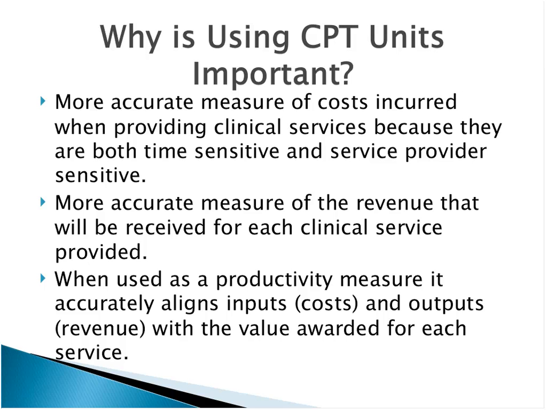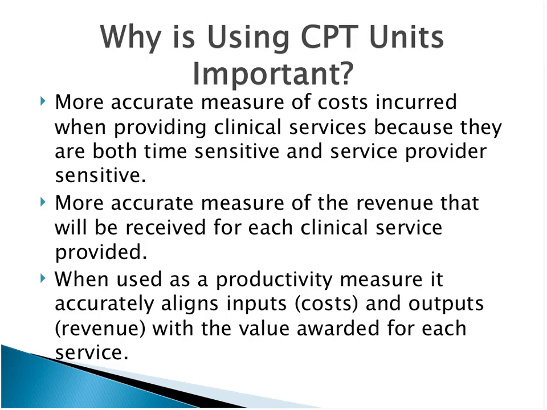They're also a more accurate measure of the revenue that will be received for each clinical service. So not only do they more accurately reflect what your inputs or your costs are, they more accurately reflect the revenue that you're going to generate, because the revenue is basically the CPT weight times the upstate or the downstate rate for Medicaid.